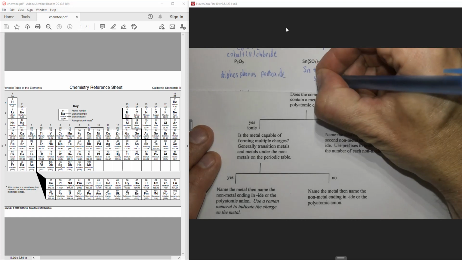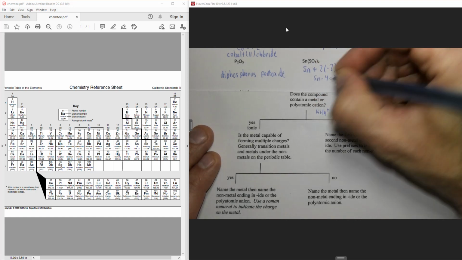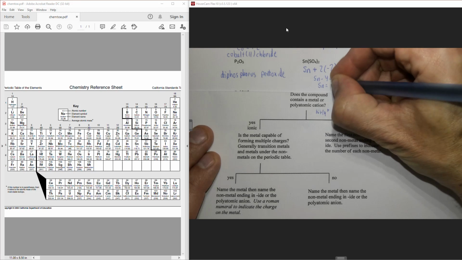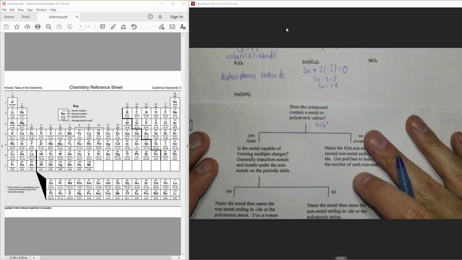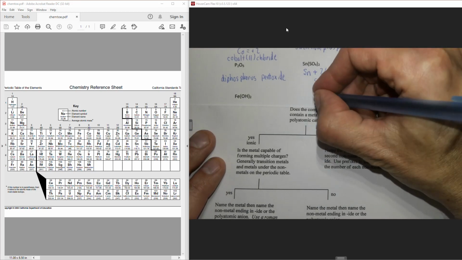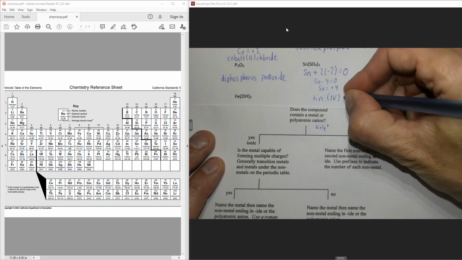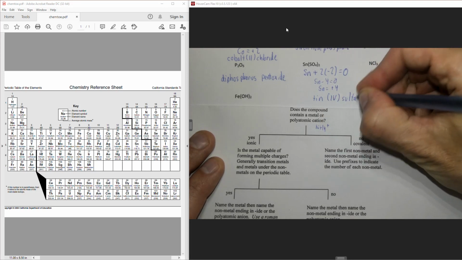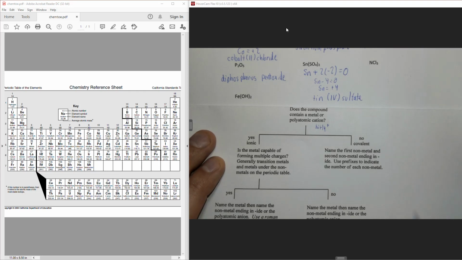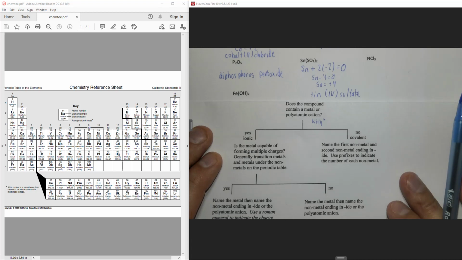When we do that, we have Sn minus 4 equals 0, and then Sn equals plus 4. So the name of this compound is actually tin, Roman numeral 4 is IV, sulfate. Okay, we use the Roman numeral because tin is underneath the nonmetals, so therefore it can form multiple charges.